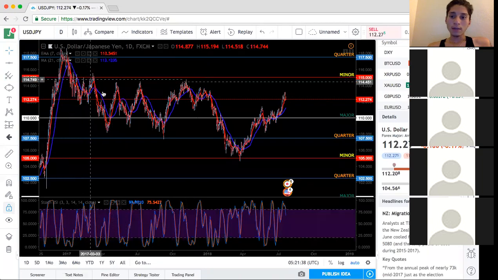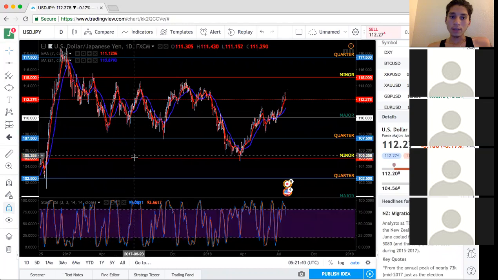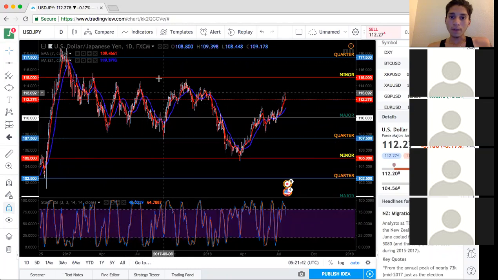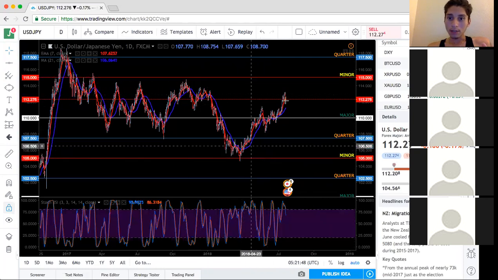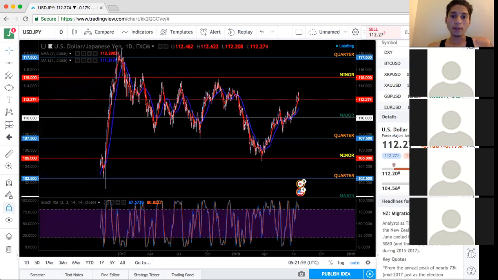Look, from this red level to this red level down here, that's 1,000 pips, major to major, right? From 115 all the way to 105, 1,000 pips. It shot down 1,000 pips, so it's probably going to go back up. If it breaks a major, it should get to or almost to the next major. The market moves from major to major, right?